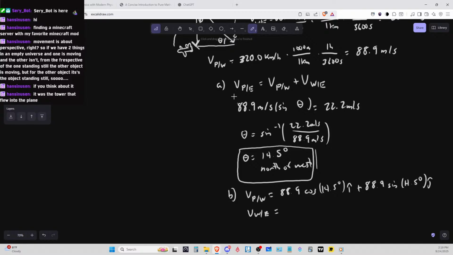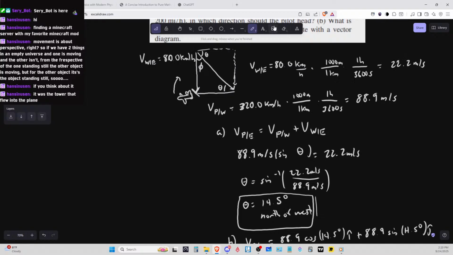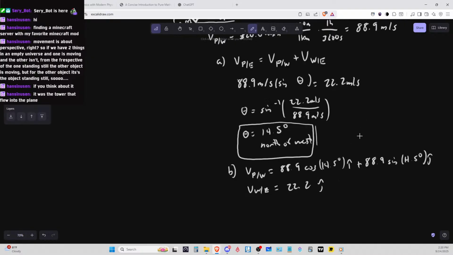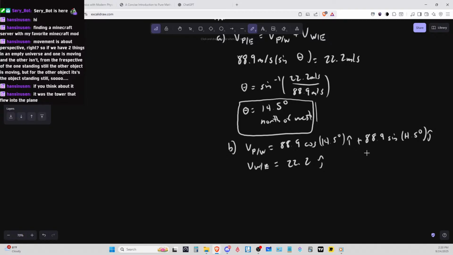And that is just 22.2 meters per second. Oh, I'm not going to put the units because I didn't put the units for those two. I know I probably should put the units if I was in a course, but we have a lot of writing already.